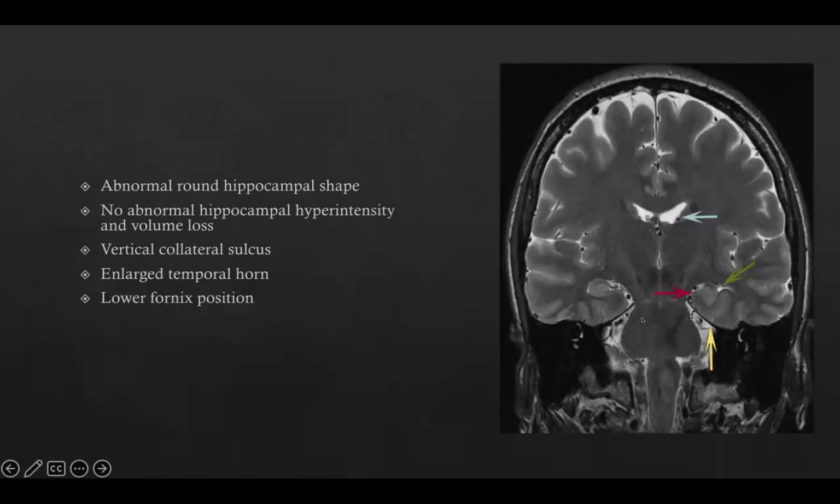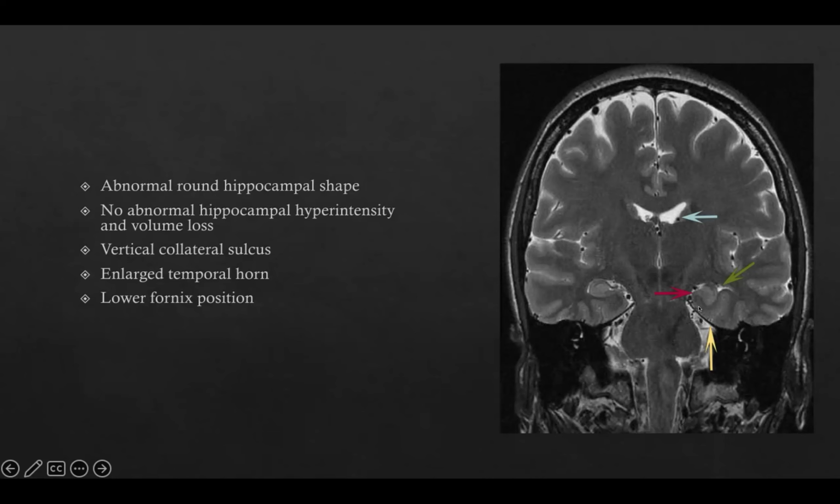Okay, so when there is failure of this hippocampal folding, you would have this abnormal round hippocampal shape. If you compare it with the normal side on the right, the left is a bit more round. You might also have a vertical collateral sulcus. The temporal horn may also be prominent, and the fornix would also be a bit lower.